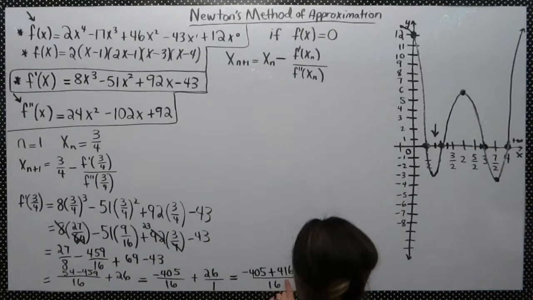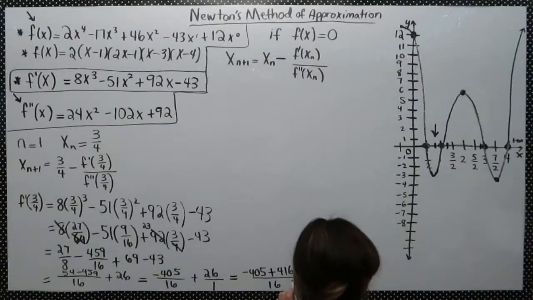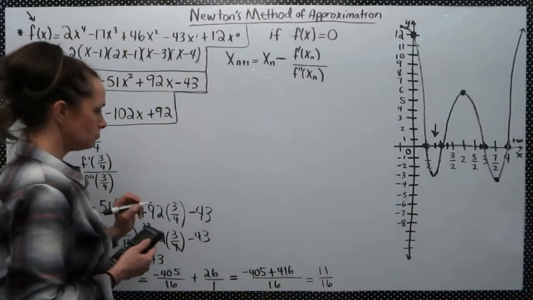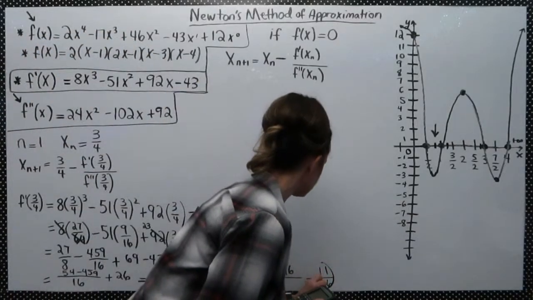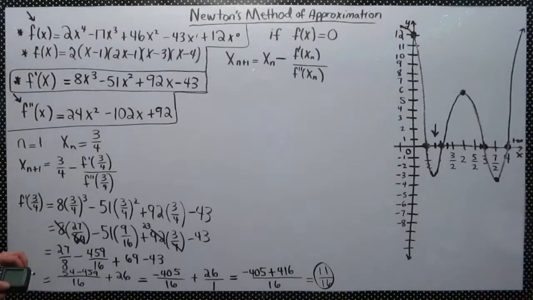So 416 minus 405 is 11. So 11 over 16. So we'll circle that one. And that I wrote kind of big. Maybe I don't need to write that big next time.